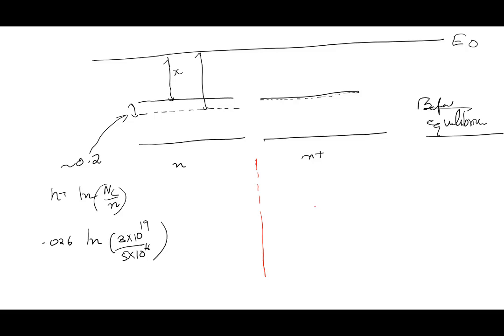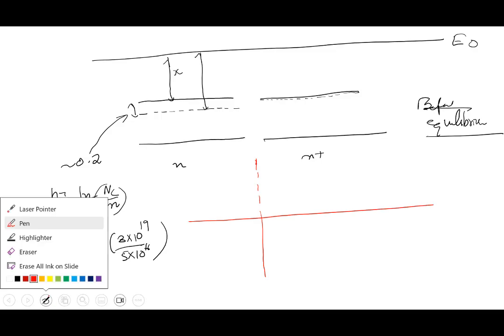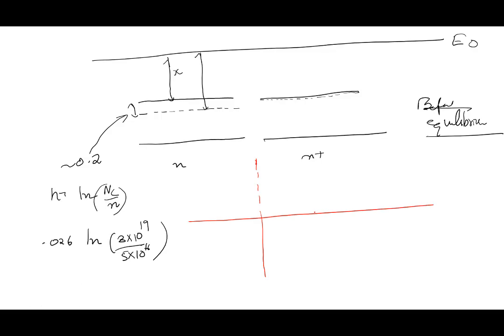Right, so let's draw the Fermi energy. And let's draw the conduction band. The conduction band is a little bit, let's say, here. And the conduction band, far away, would be somewhere here. And then how will it go? Obviously smoothly connected.